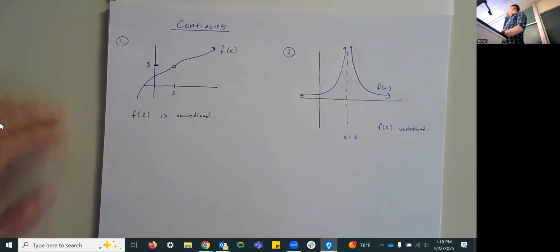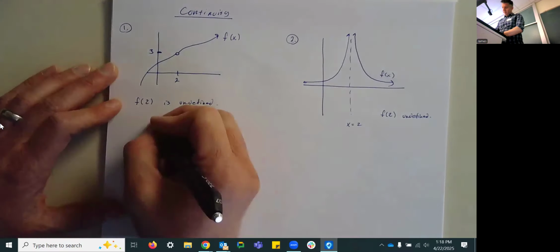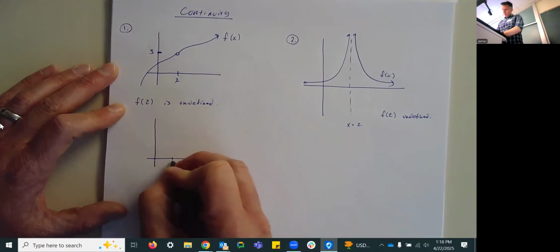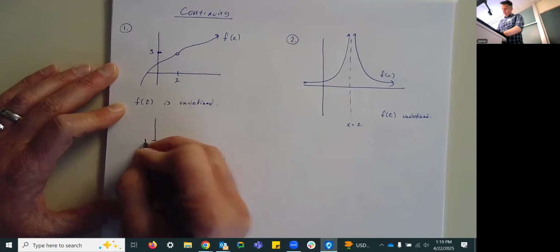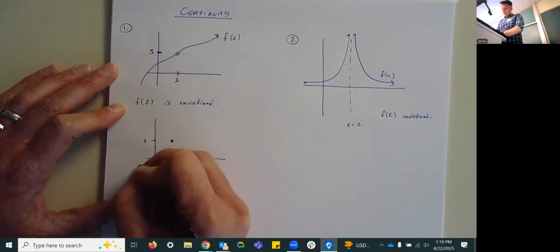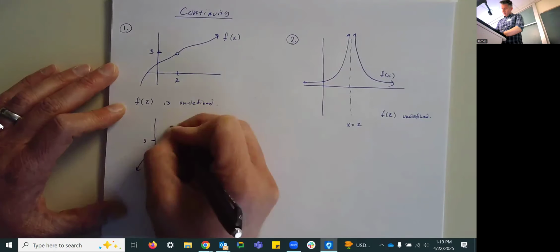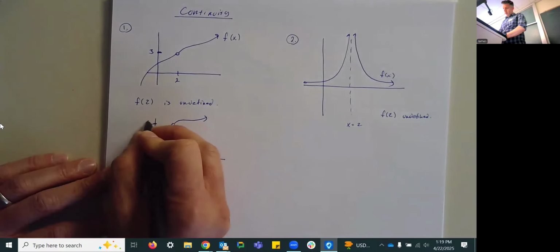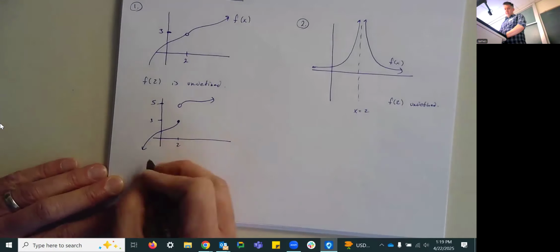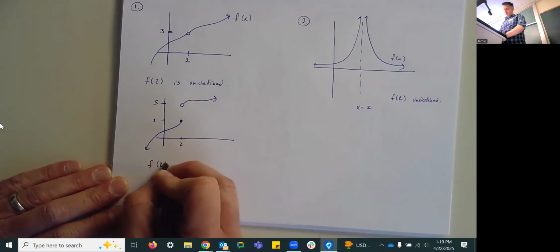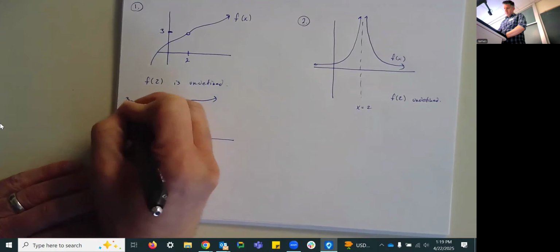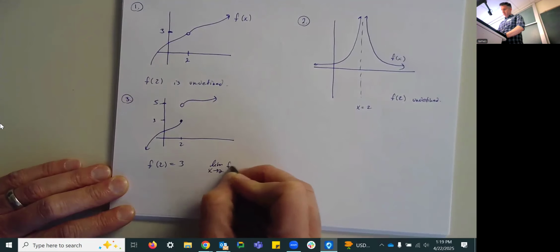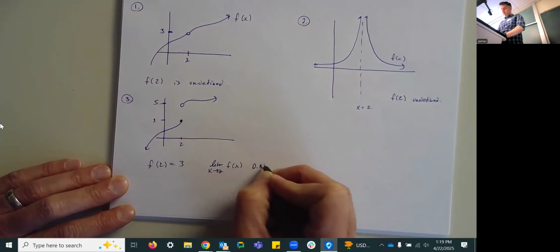But that's not the only way we can be discontinuous. You could have something more like this, and we've definitely seen examples like this before, where f of 2 is defined. Maybe you have something like that, where it certainly looks like f of 2 is equal to 3 here. But the limit as x approaches 2 does not exist.